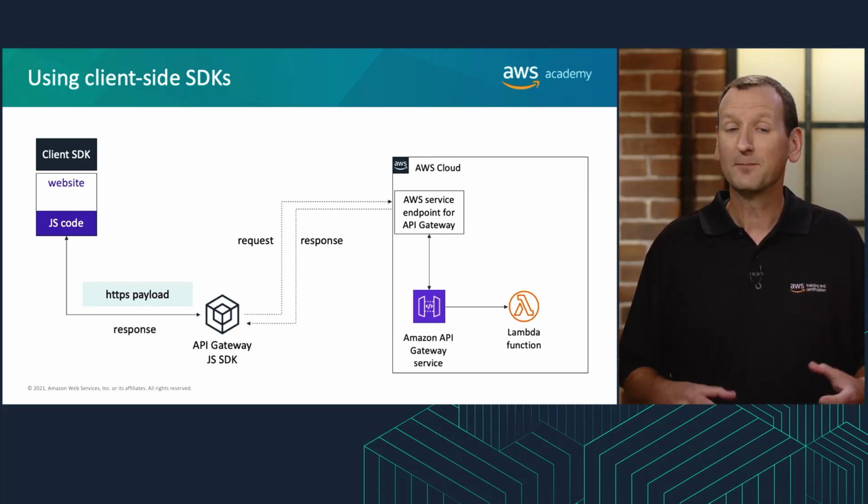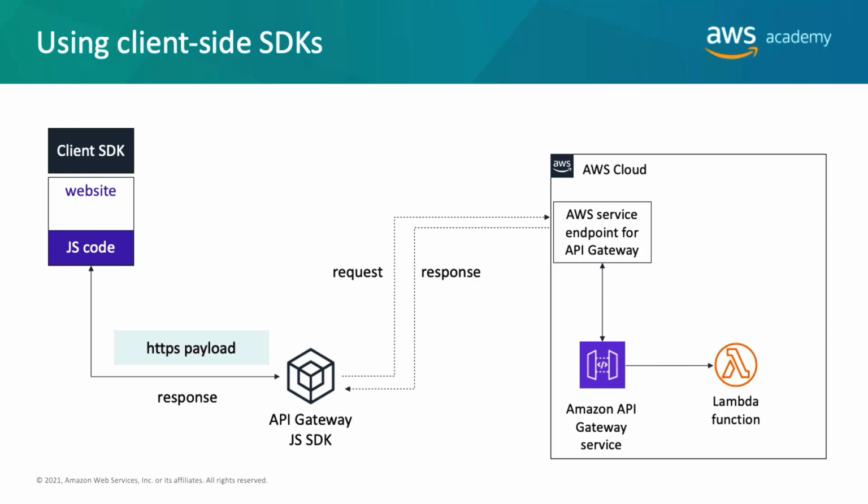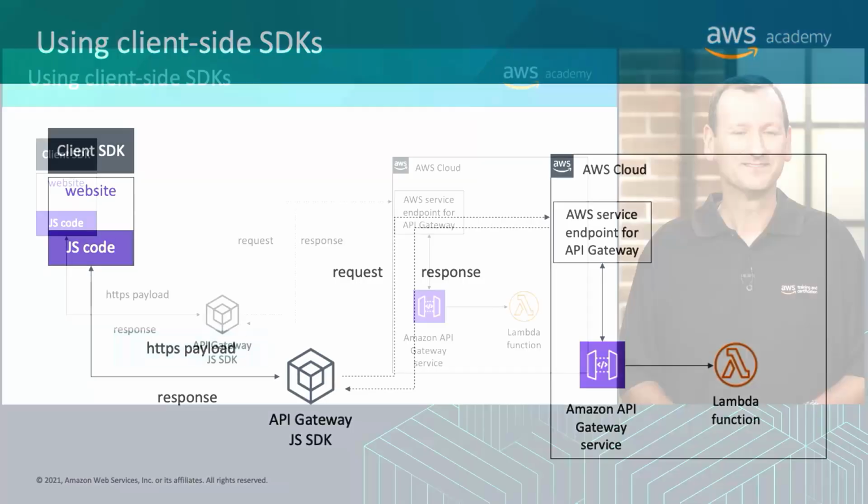To call your API programmatically, you must generate a platform or language-specific SDK for it. API Gateway generates custom SDKs for mobile app development with Android and iOS, and for web app development with JavaScript. API Gateway also supports generating SDKs for Ruby and Java.